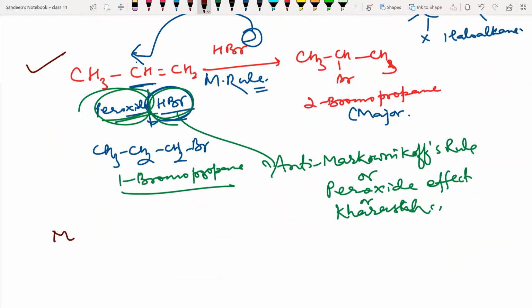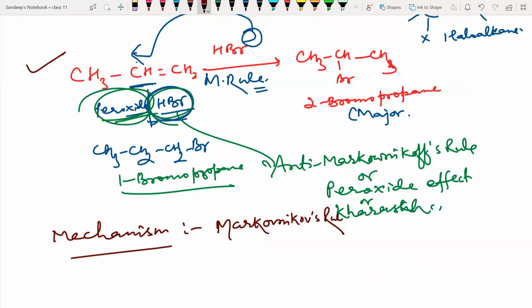So let me discuss the mechanism of Markovnikov's rule. This also you can write, Markovnikov's, a Russian chemist. So CH3CH=CH2 is treated with HBr.